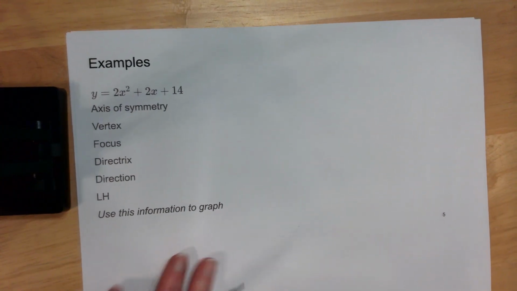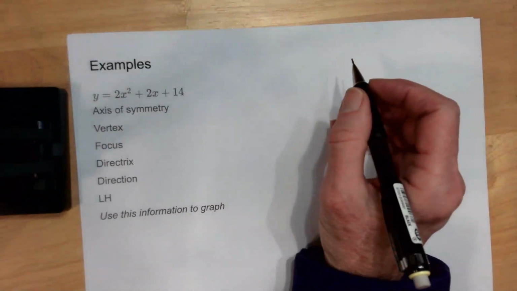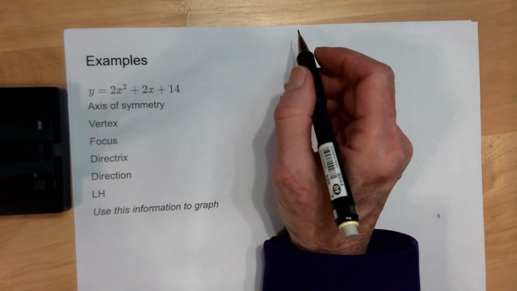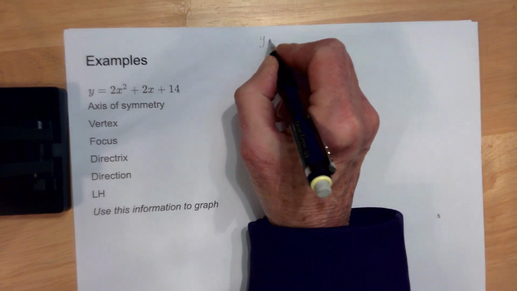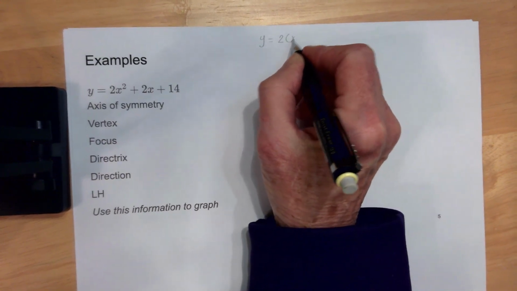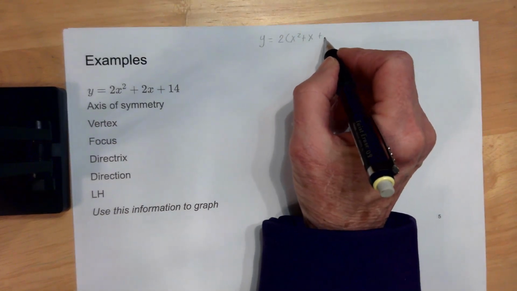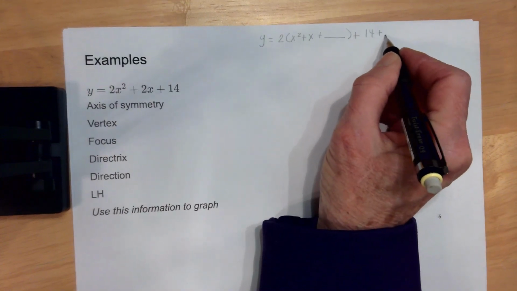So here's an example. We have this as our original equation. So the very first thing I have to do is put that in the right form, which means I have to complete the square on it. So I'm going to do that up here. I have y is equal to, I'm going to factor out the 2. So I have x squared plus x plus blank plus 14 plus blank.